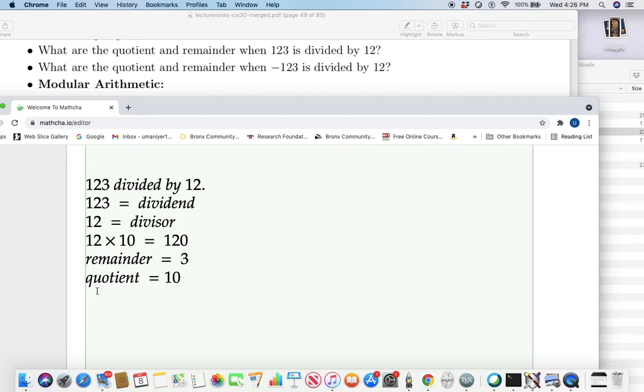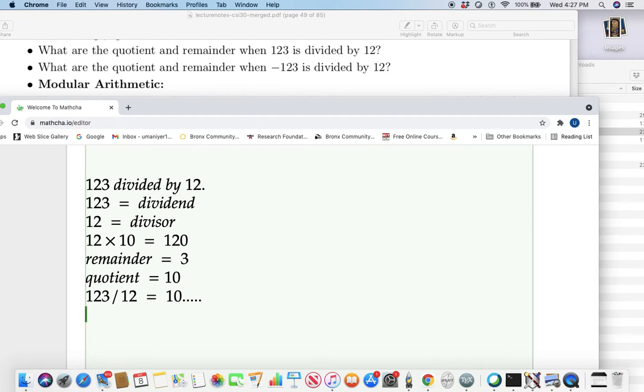Another way, how do I find out quotient is 10? Take 123, divide it by your divisor, 12. I'm going to get 10 point something something.